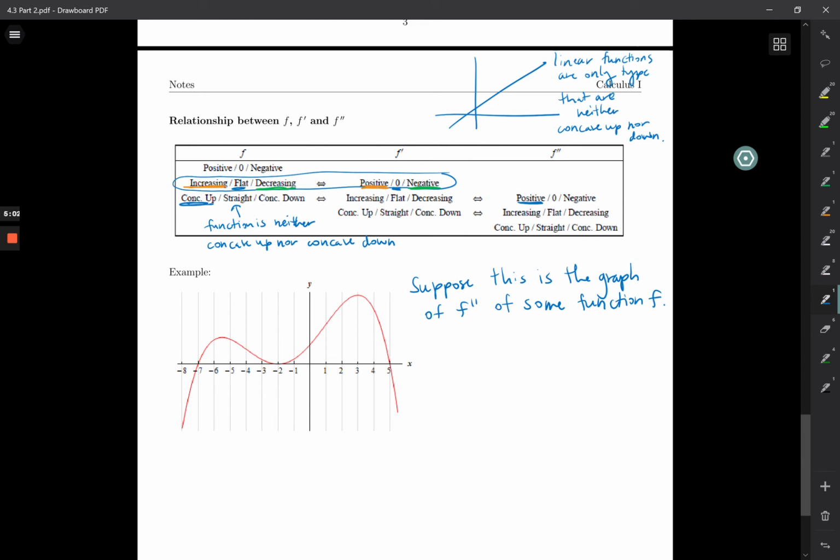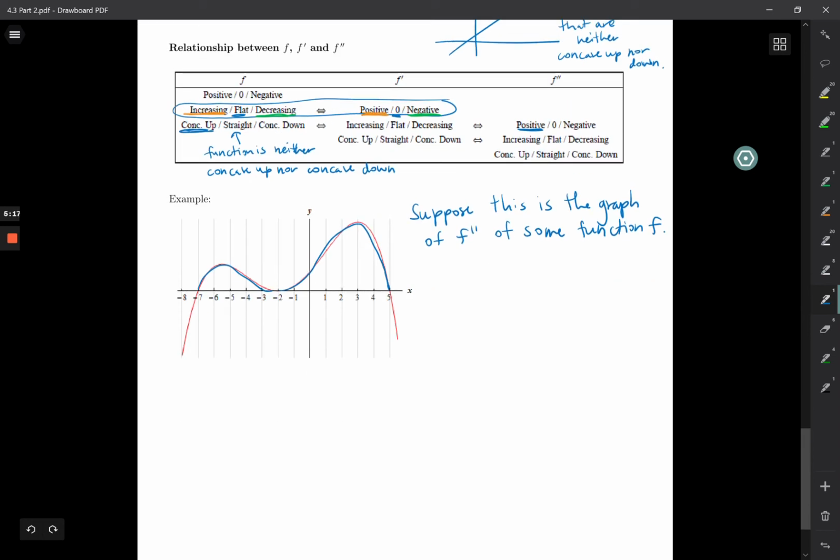So if we know that this is the second derivative, then everywhere that this function is positive, so here and here, we know that the original function is concave up. So I'll put this over here. So we know that f is going to be concave up on -7 up to -2.